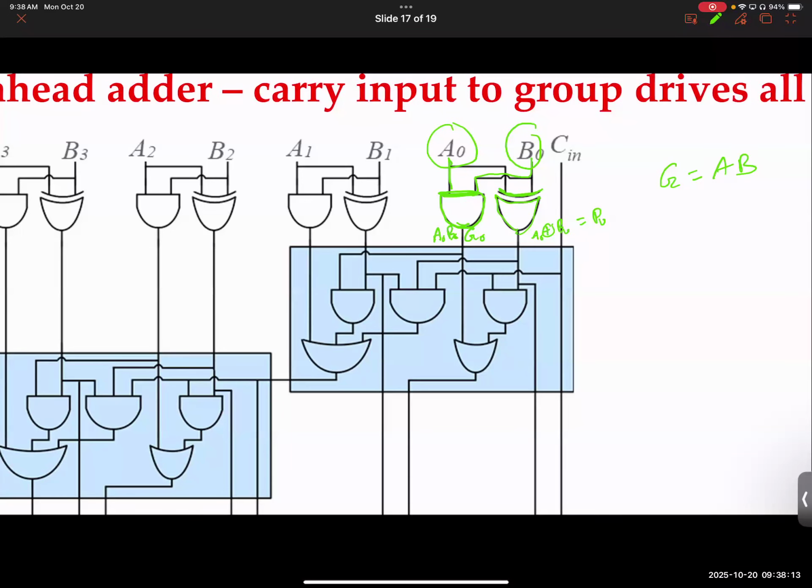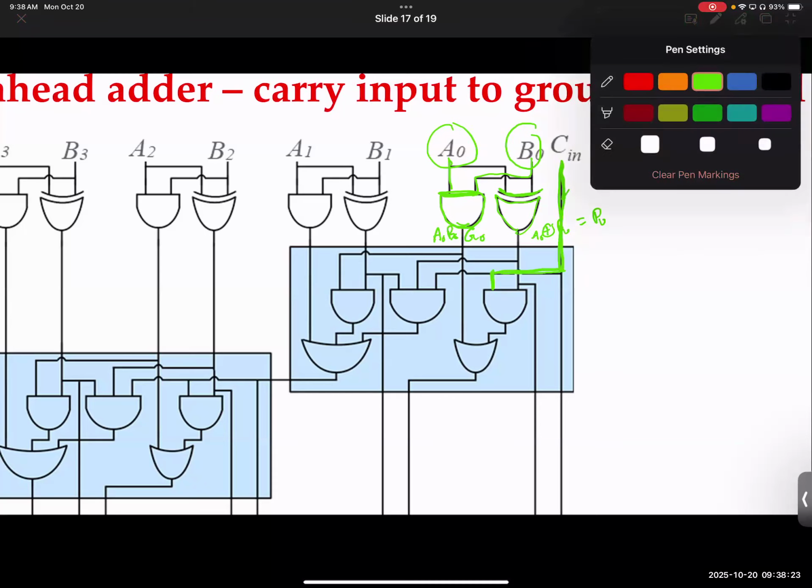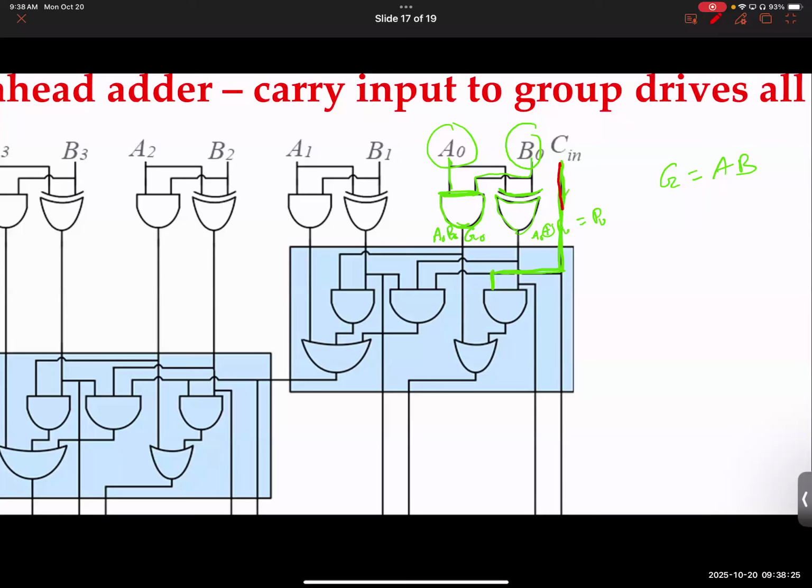All right, and what is this one, folks? This carry input is being fed here. I hope you are following as I draw. Let me change the color, maybe red. So carry in is coming here, going as one of the inputs to this AND gate, and the other input is what? Propagate signal, right? P0.